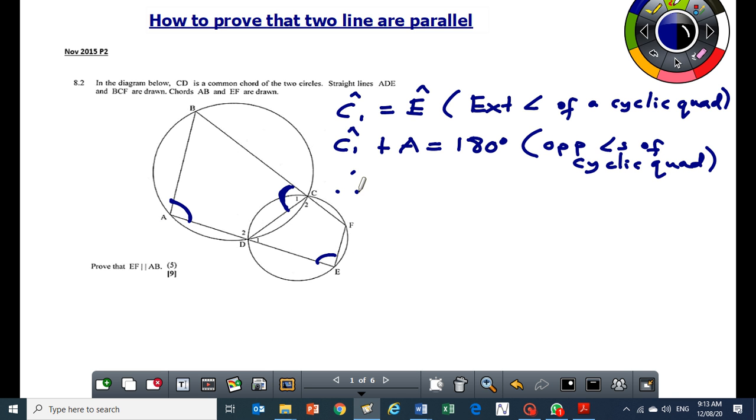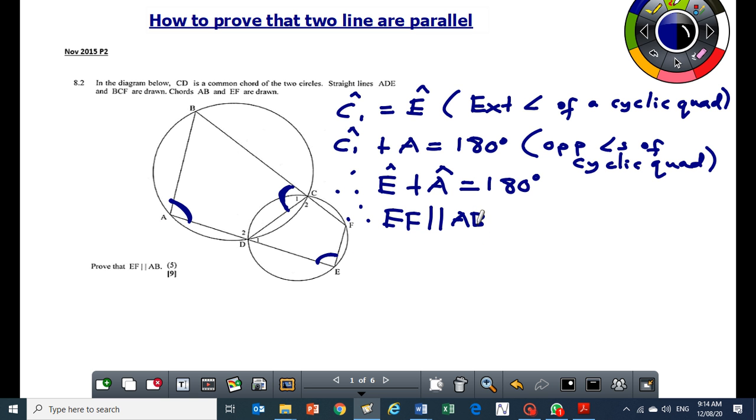In both equations we have got C1, which means where we have C1 in the second equation, I can substitute the C1 by angle E. So I can write, therefore angle E plus angle A, so we are talking about this angle here and that angle, they add up to what? To 180 degrees. Therefore, EF is parallel to AB.